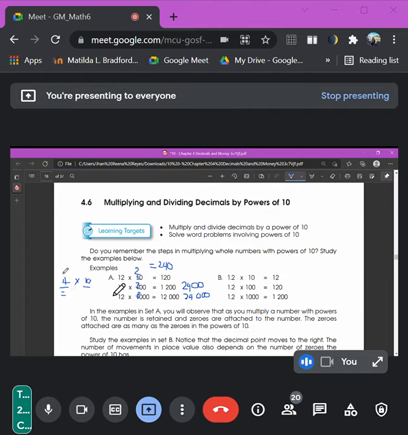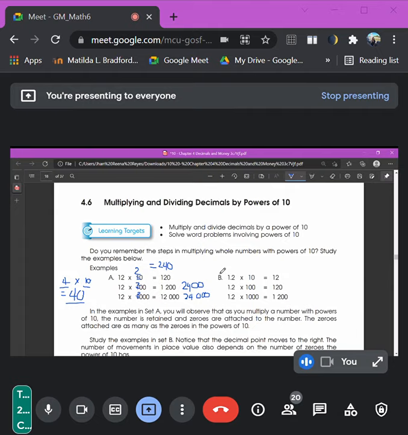So we multiply the non-zero digits, which is 4 times 1. That is equivalent to 4. That is our first step. In the second step, we count how many zeros we see in our power of 10. We have 1 only, so we copy that in the final answer. That's why you got 40.